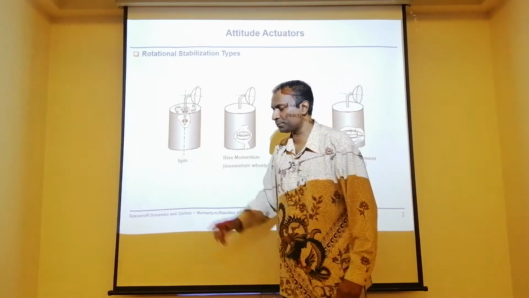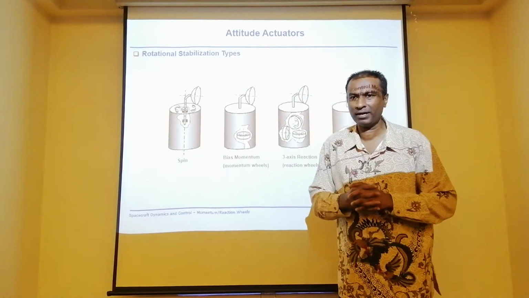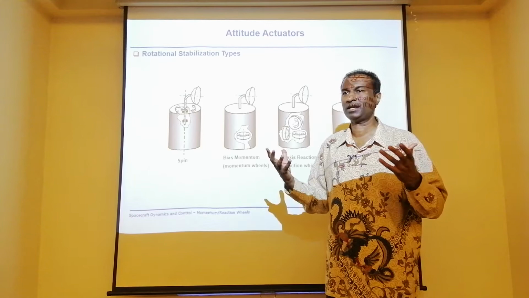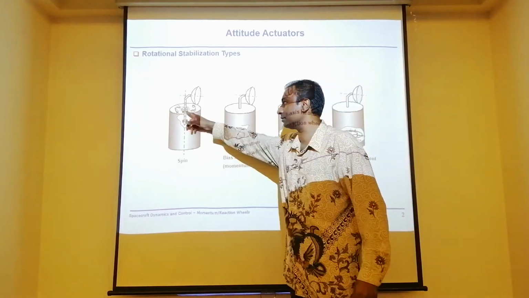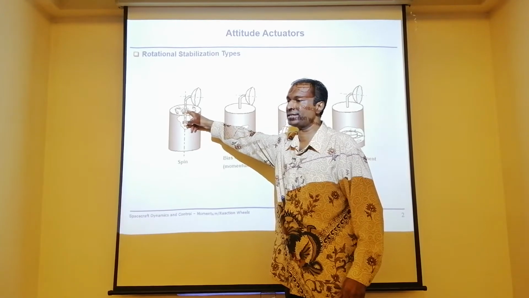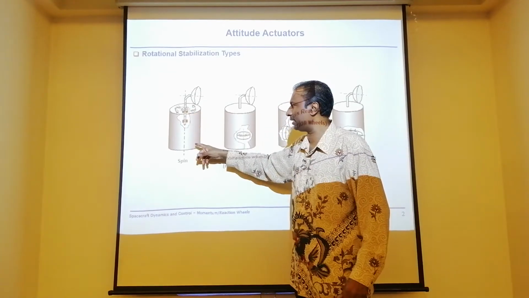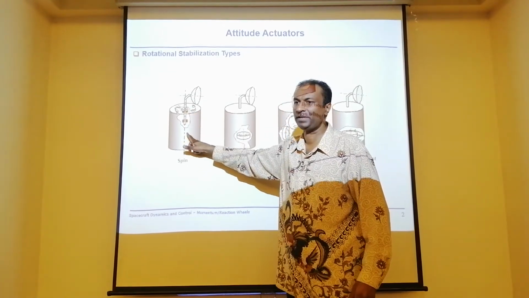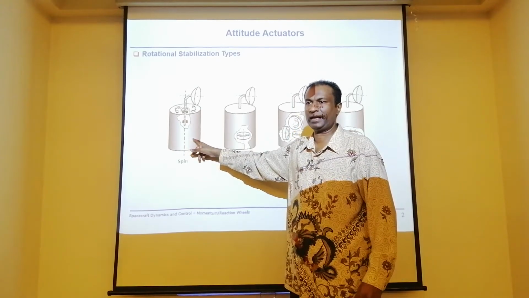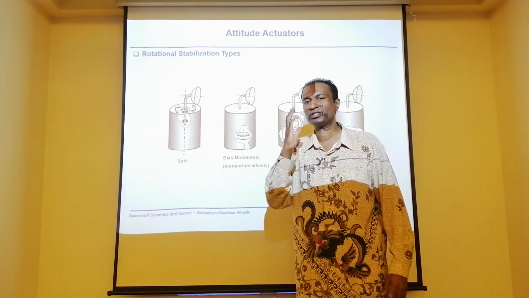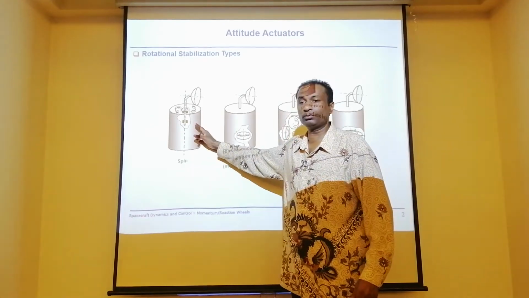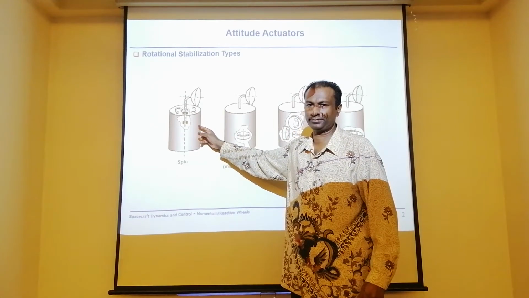So totally spinning the body might not be that clever. The reason is that you have to take care of your antenna, etc. Why not install a spinning body inside, let it rotate fast, and produce the same amount of angular momentum?